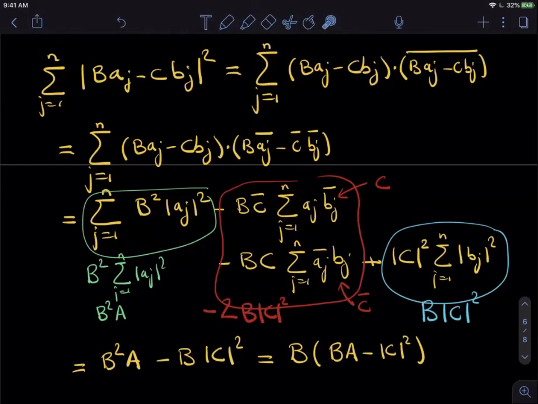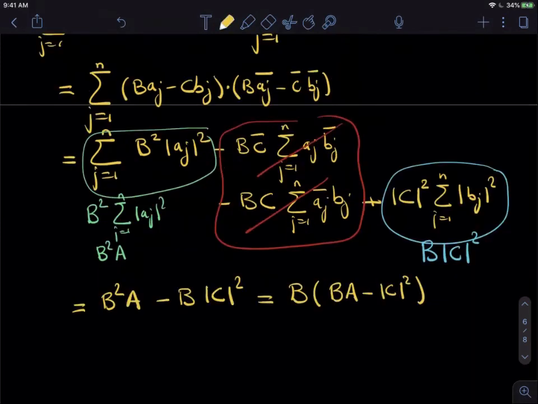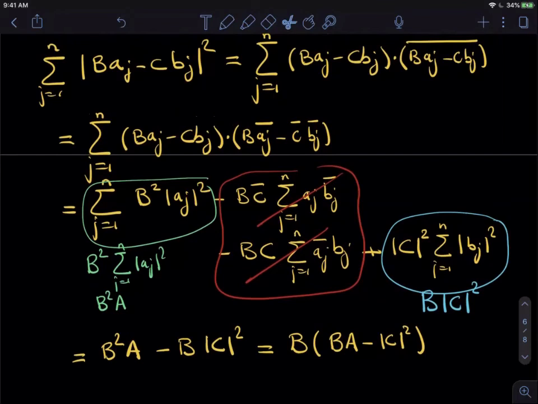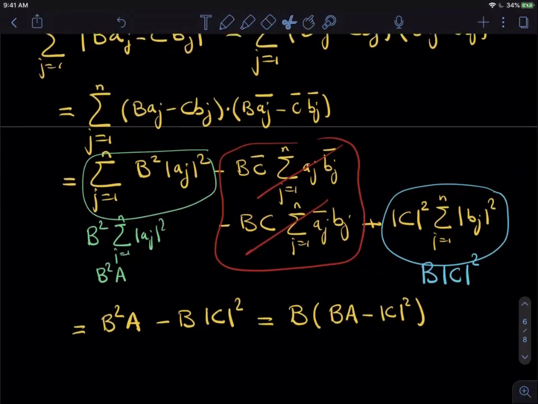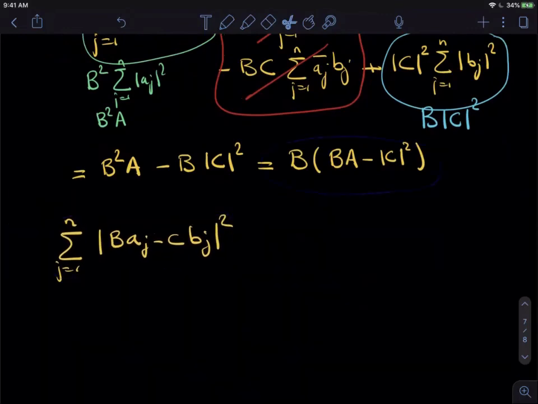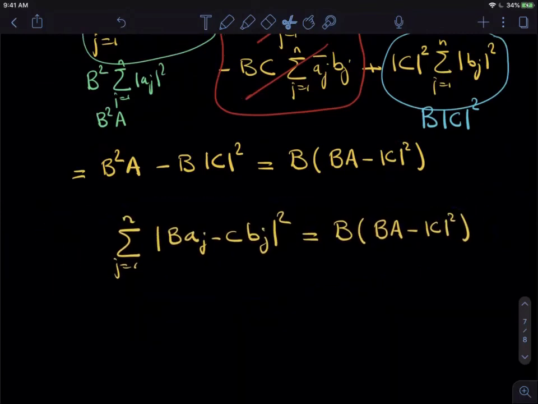So when we put those two together, we get the negative BC squared. And let's look back at what we got. We have proved that this complicated quantity that we basically made up is equal to B times BA minus C squared.